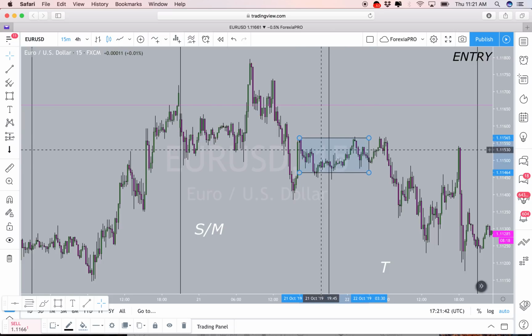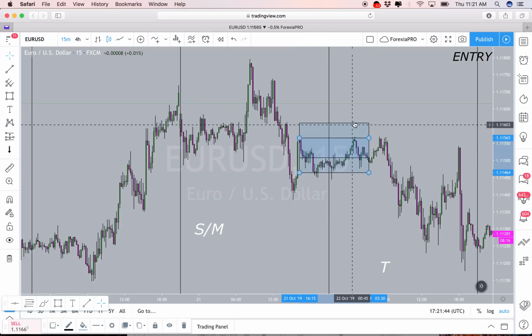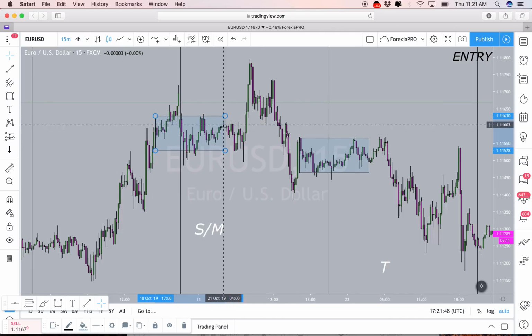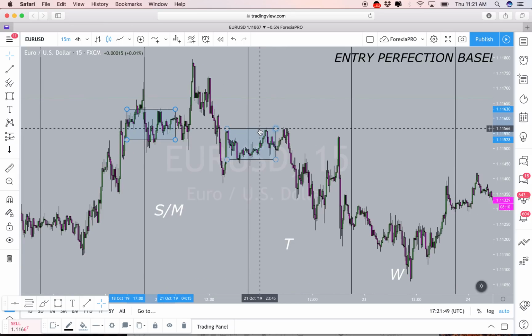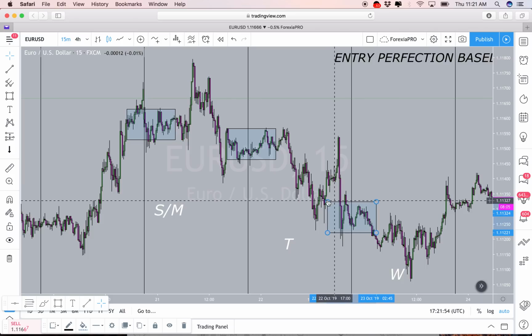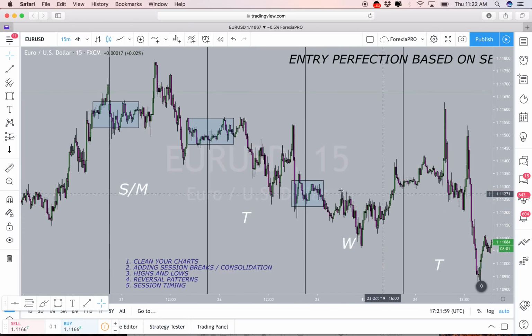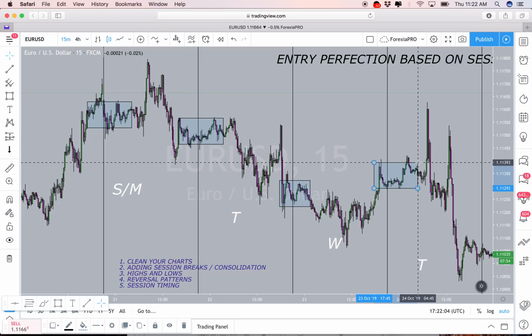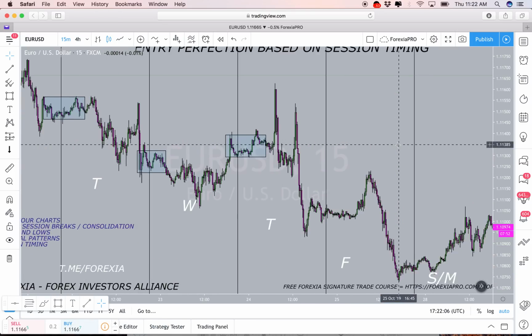So you can see market consolidates right there. We can literally copy and paste this. Consolidates in a range. Copy and paste the range once again. An Asian session consolidation can last anywhere from 8 to 12 or even 15 hours.